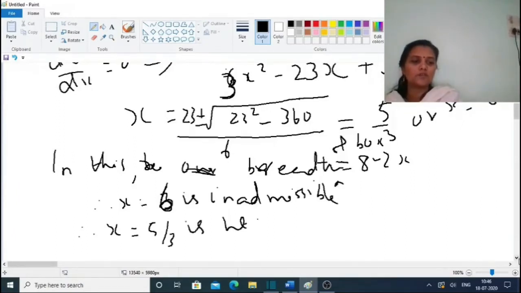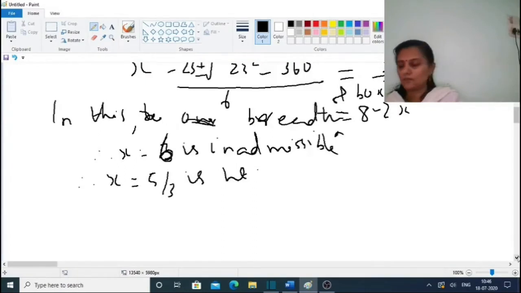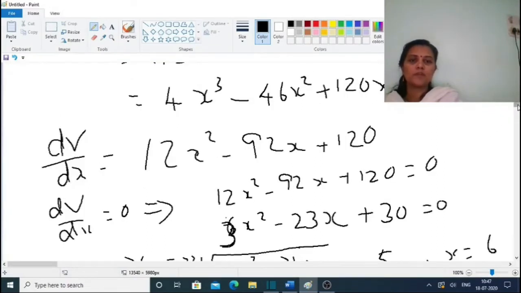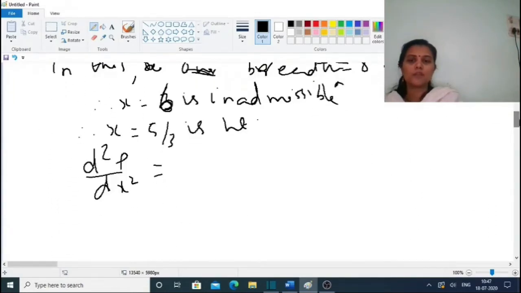Now we have to find d square p by dx square. We have to check whether at this point, if it is maximum, d square p by dx square will be less than 0. So 24x minus 92.